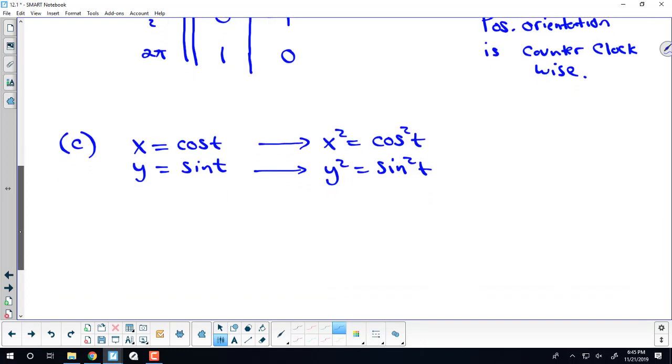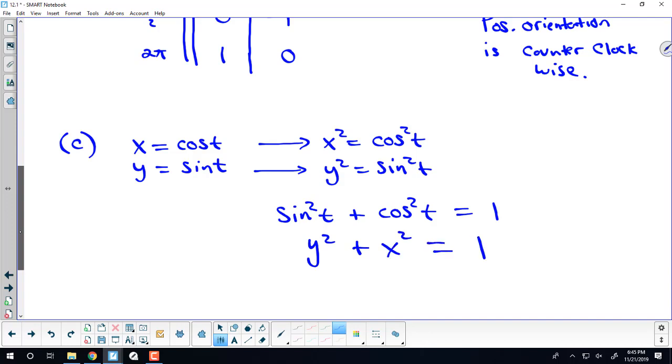And we know when we add sine squared and cosine squared together, we get 1. So that's pretty much it. I should have written it the other way, but this is y squared plus x squared is equal to 1, which we recognize as a circle with center (0, 0) and radius of 1.